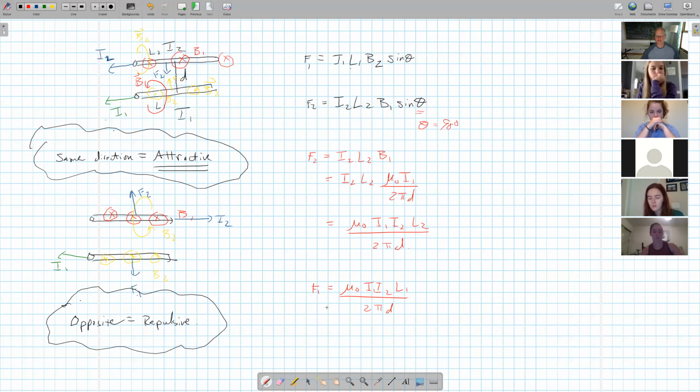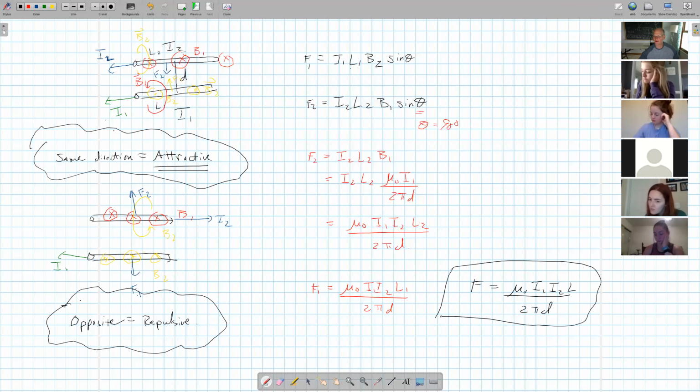But again, magnitudes are the same, and the magnitude for each one is simply the force equal to mu naught times current 1 times current 2 times the length divided by 2 pi d, where d is the center-to-center distance between the two. So as long as I have two parallel wires, the force will be exactly this amount.